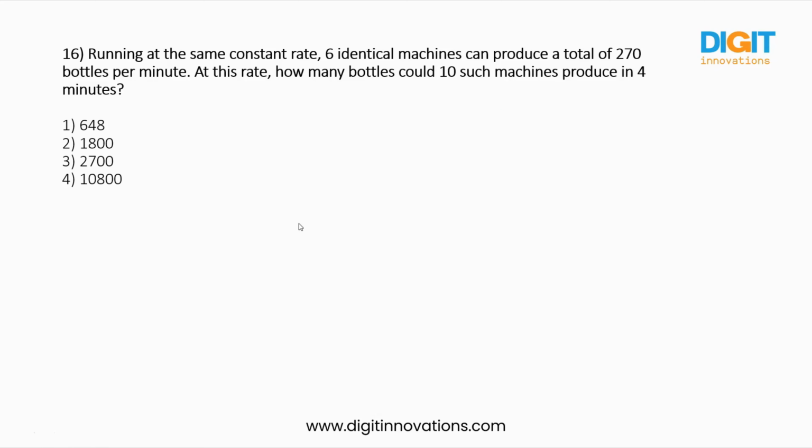So we got to know six machines are producing 270 bottles. So let us find out how many bottles a single machine can produce. It would be 270 by 6, which is 45 bottles. So a single machine can produce 45 bottles in 1 minute.